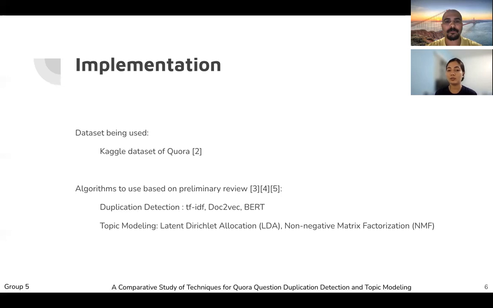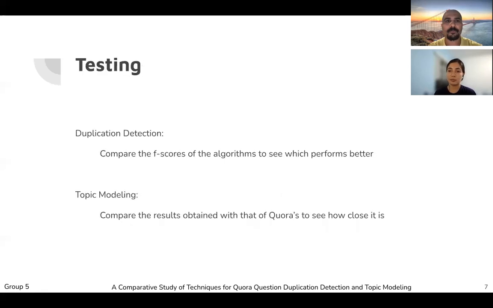One thing to note is that these algorithms are not the sum total of the algorithms we're going to be implementing. This is just based on our preliminary literature review. As we go on implementing our project, if we find more interesting and new algorithms, maybe we're going to implement those as well. And the language we'll be using is Python, obviously.